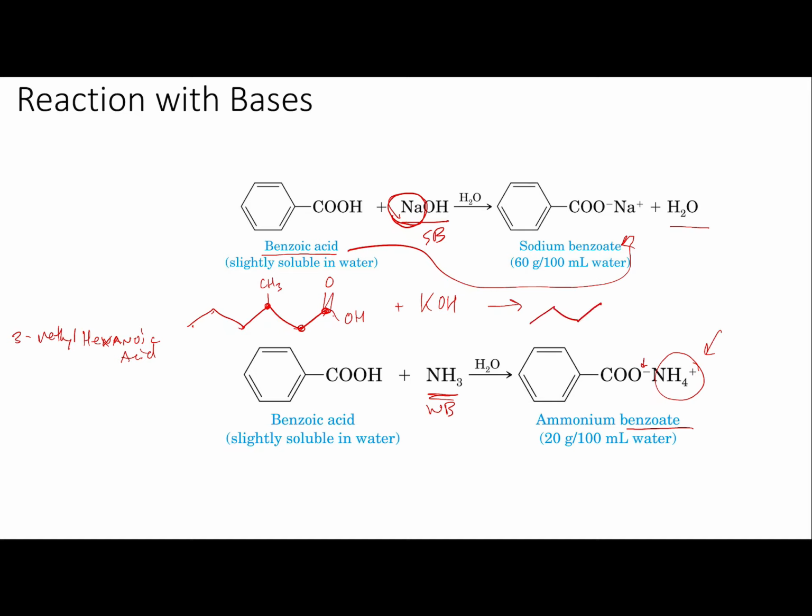So it's going to do that. CH3. So we get that guy. So the name would be potassium, because that's the metal, and then potassium 3-methyl hexanoate, because hexanoic acid, or 3-methyl hexanoic acid, was the name of the acid. Now that it's lost its H, it's just 3-methyl hexanoate.